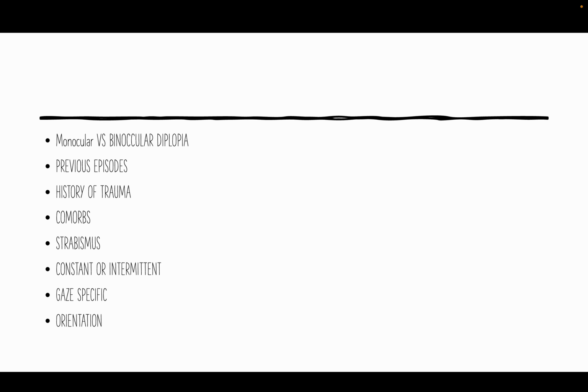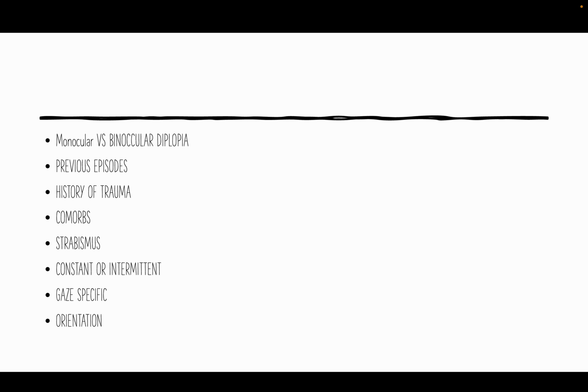So a previous history of trauma always needs to be asked, because trauma can cause damage to the trochlear nerve or abducens nerve. Most common is the trochlear nerve, but it might not manifest immediately; with age and degenerative changes, it might manifest at a later stage, after 50 years or so. So the history of trauma always needs to be asked, because it can cause isolated nerve paralysis.